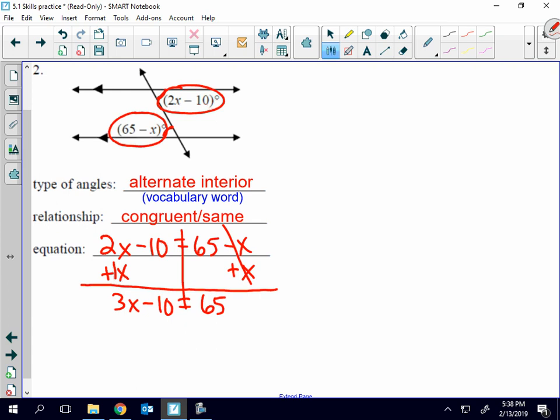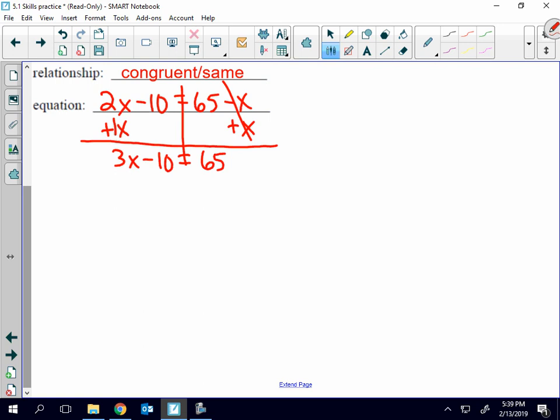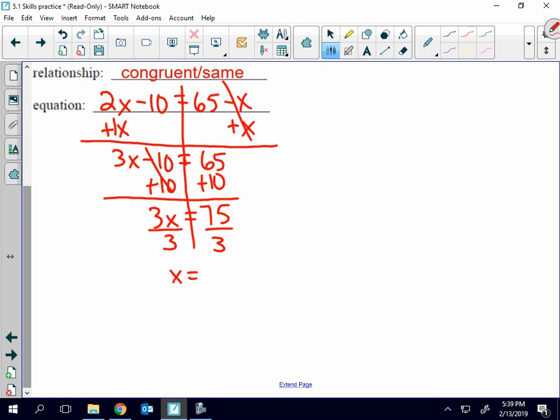Now I just want to get everything away from x, which means I'm going to add 10 to both sides. That gets rid of the 10. We have 3x equals 65 and 10 is 75. And get x by itself by dividing by 3. So x is 25.